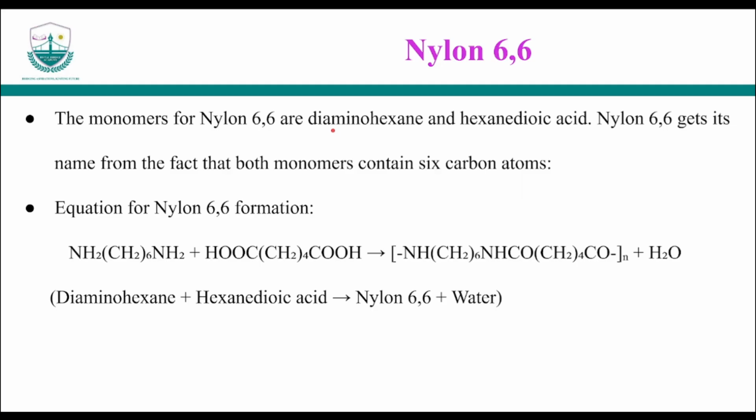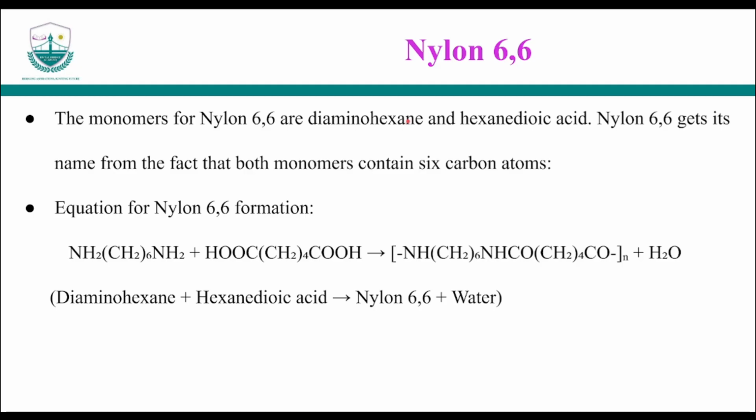The monomers are diaminohexane and hexanedioic acid. So the monomers for nylon 66 are diaminohexane. Hexane means 6, 6 carbon atoms.